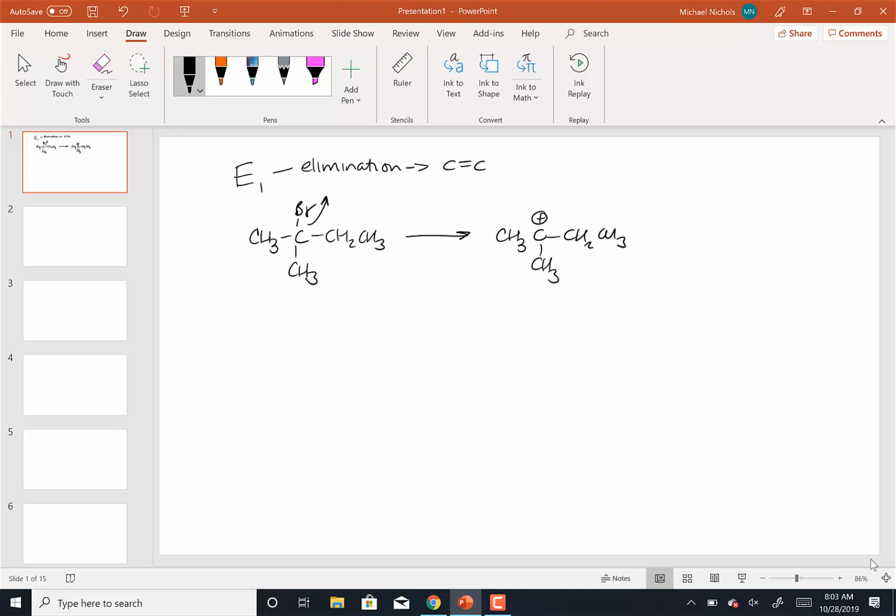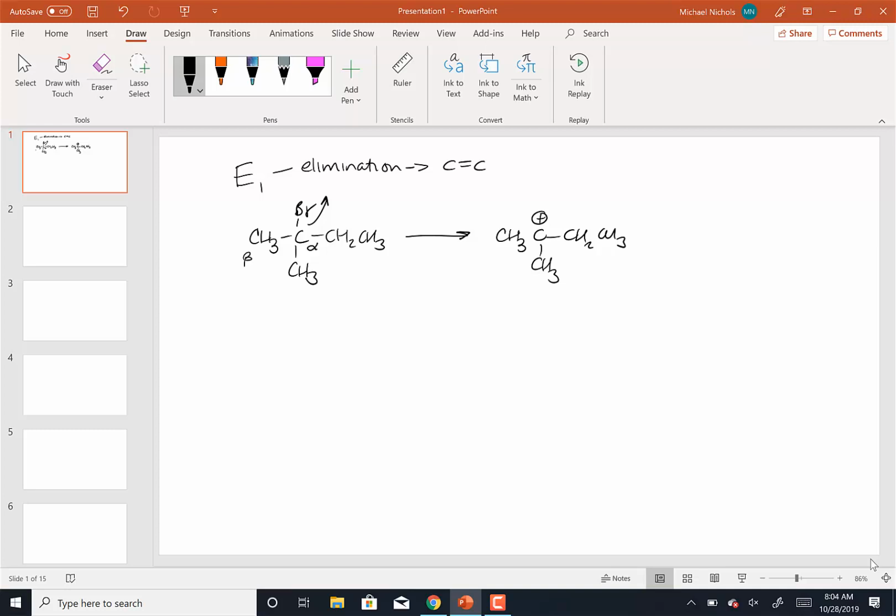And in order to lose the H plus, we need to know, well, what hydrogens can we lose? The terminology that we use here is that the carbon that's attached to the leaving group is the alpha carbon. That is always called the alpha carbon. And then what are attached to alpha carbons?